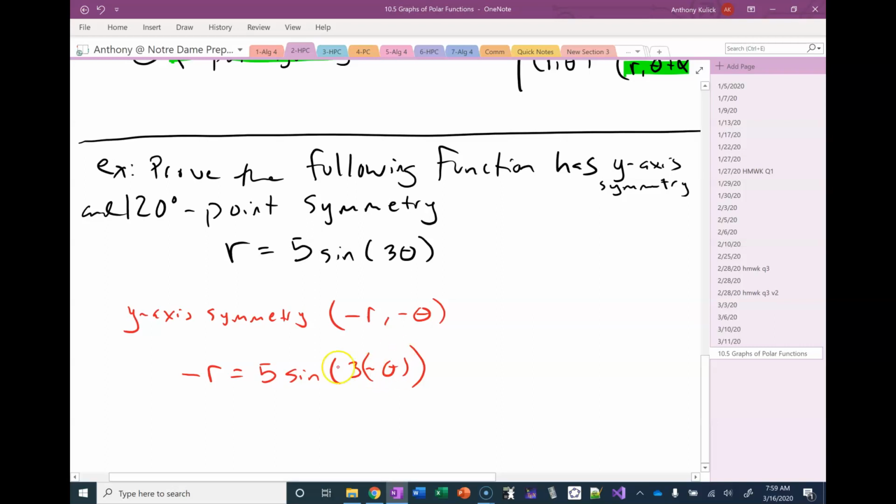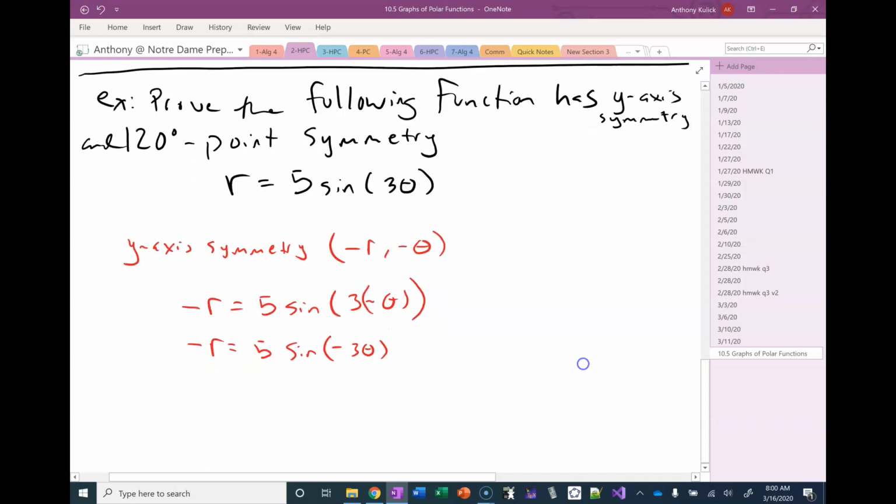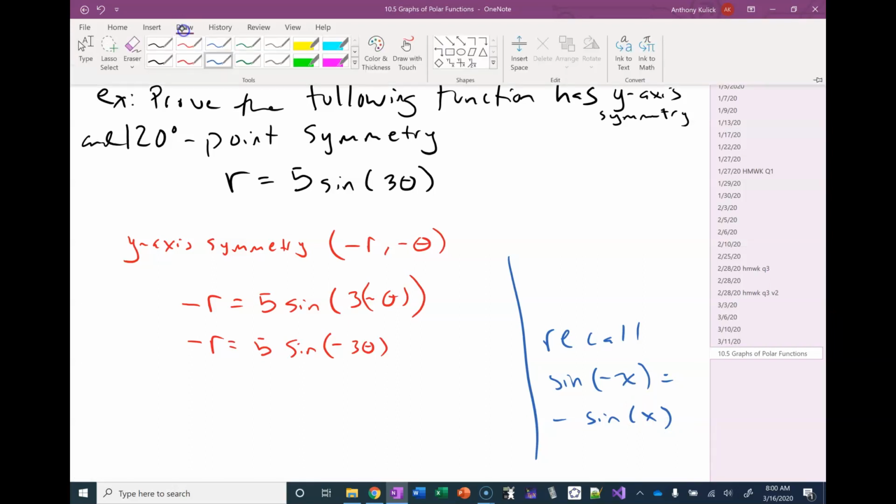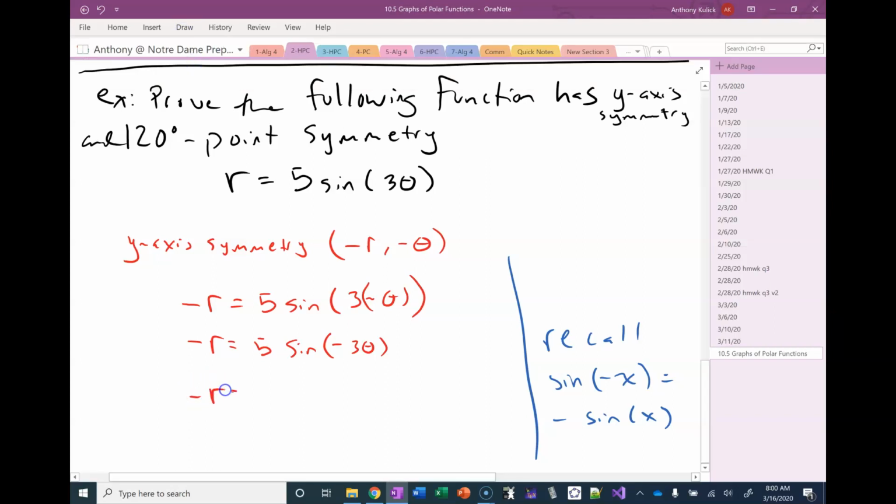The key here is I'm going to start inside the parentheses. So 3 times negative theta is just negative 3 theta. Then if you recall from first semester, one of our odd-even identities was that sine of negative x is equal to negative sine x. I'm going to apply that here to move that negative sign from inside the sine to the coefficient on sine.